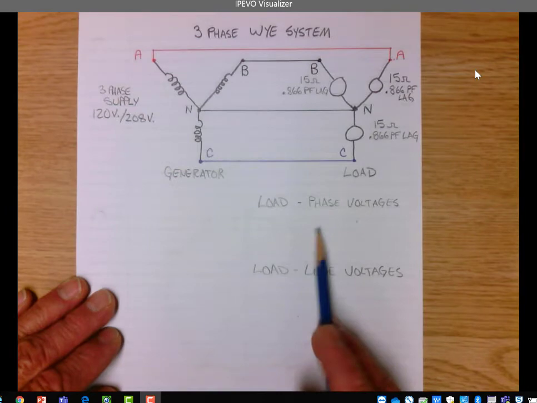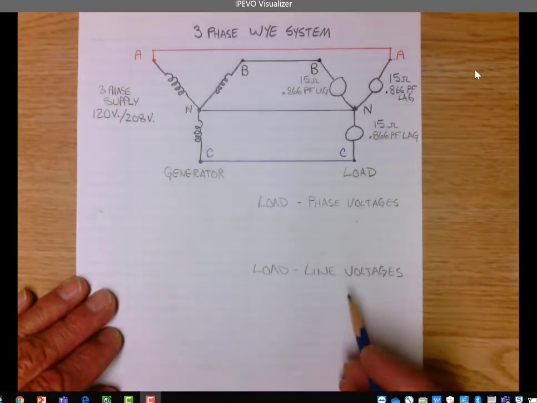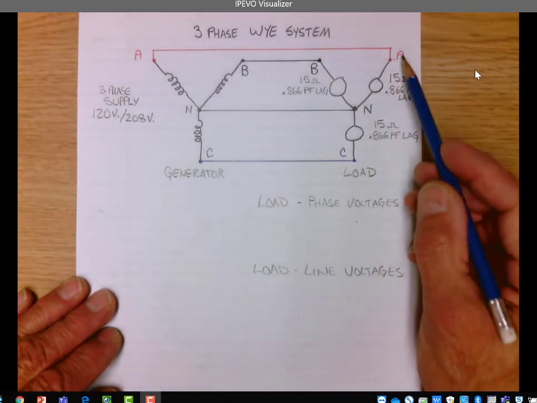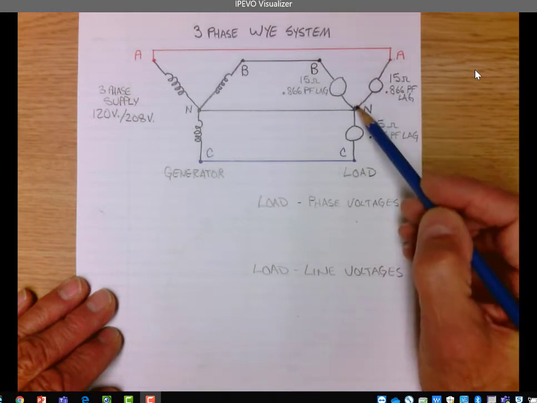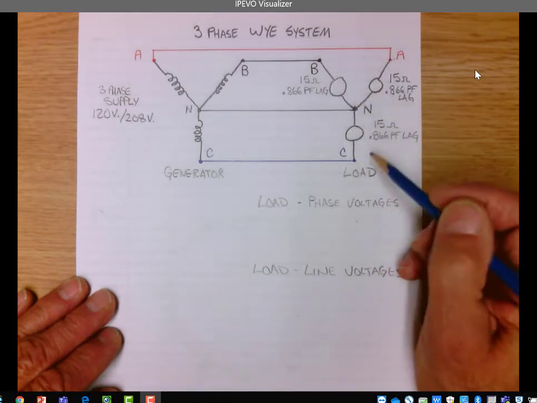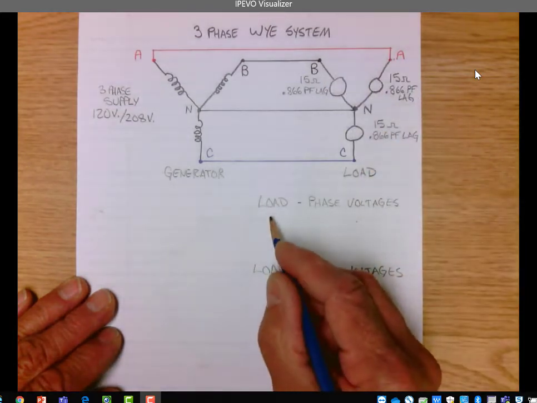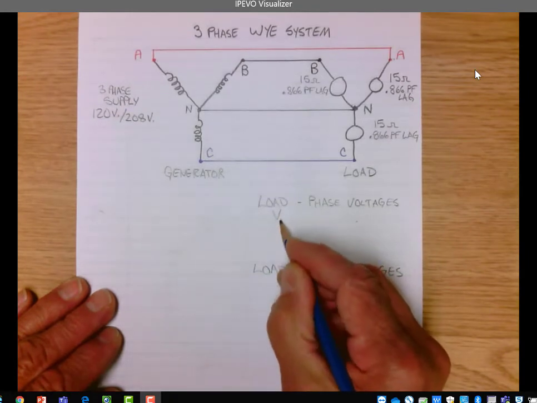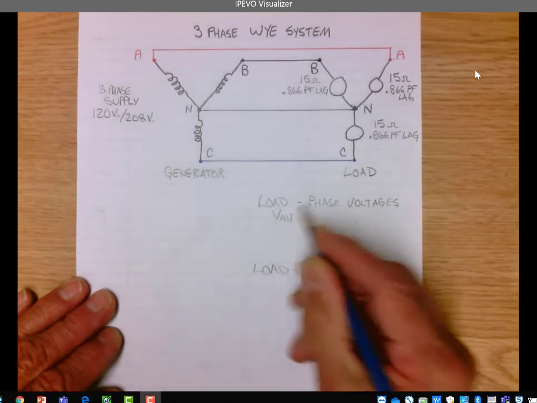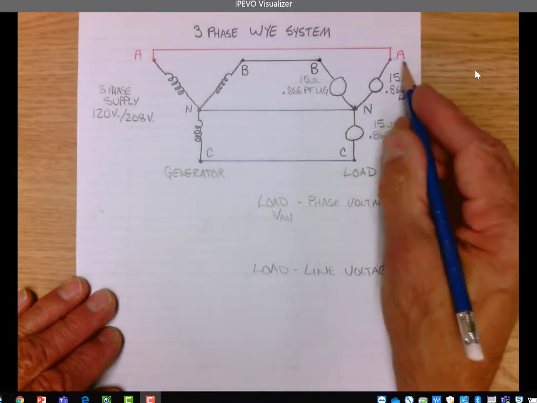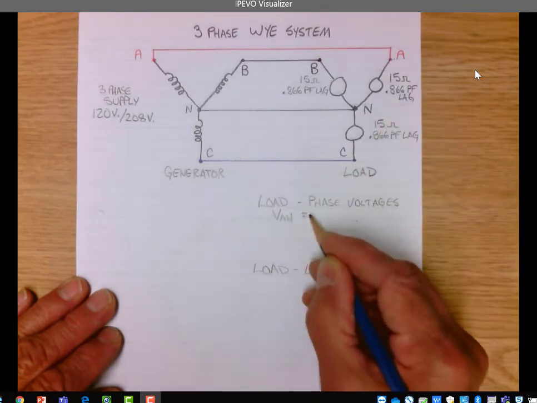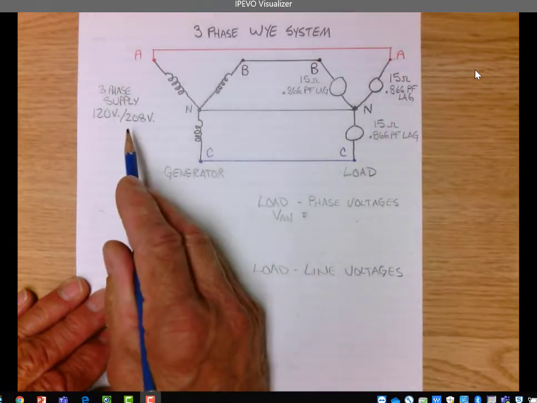If we're looking at phase voltages for our load, the phase voltages happen between A and neutral, B and neutral, C and neutral. So voltage A to N is the voltage between A and neutral, and it is always the lower voltage of our supply.